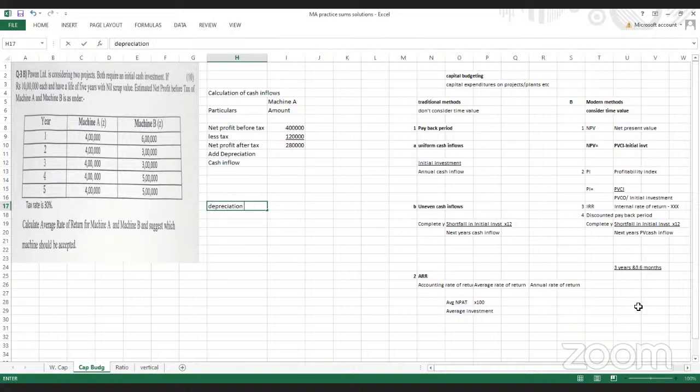The formula is cost of machine minus scrap value of that machine, upon estimated life of machine. Okay, students, very simple formula to calculate depreciation.